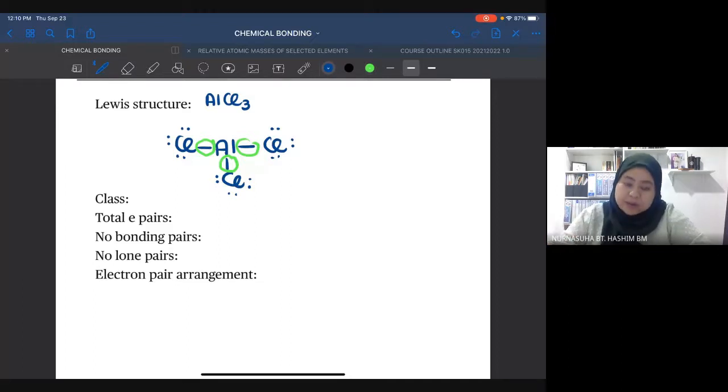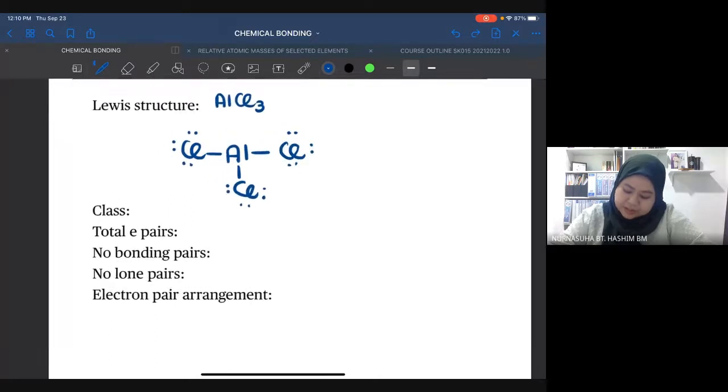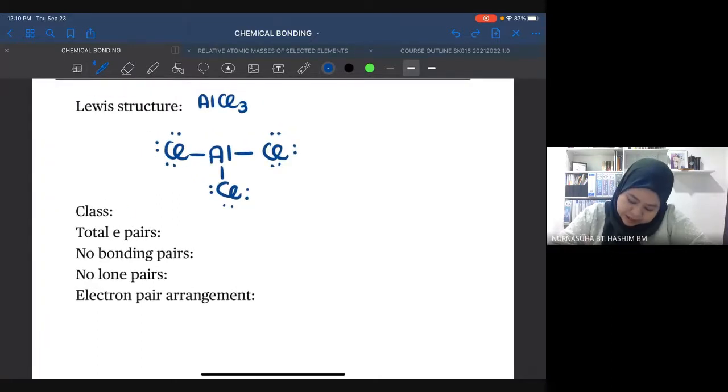Okay, so from the Lewis structure, kita tahu the class is AX3. Kenapa? A is for central atom, X sebab you ada 3 surrounding atom. So class dia adalah AX3. So total electron pair, okay, sekarang fokus dekat central atom. Total electron pair sekarang ada 3.